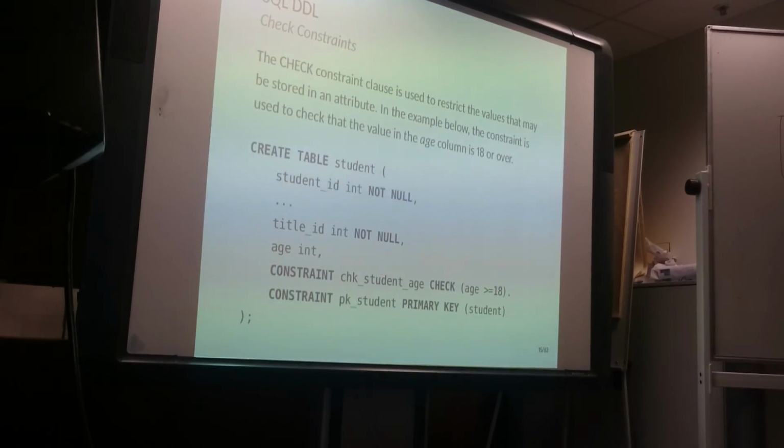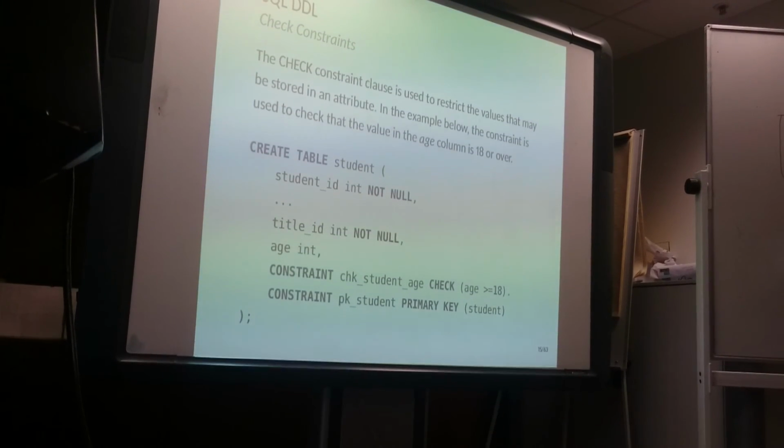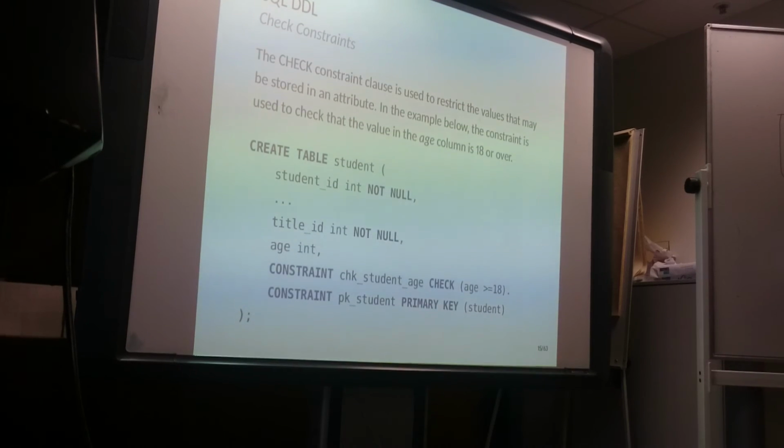So what it's doing is, before the data are saved, it will go through every check constraint and make sure that each of the conditions is met. Otherwise the data cannot be saved. If you try and save the value 16 into age there, what will it do? It will throw up a constraint violation. So it's a way of further restricting the acceptable values of data within any particular column.